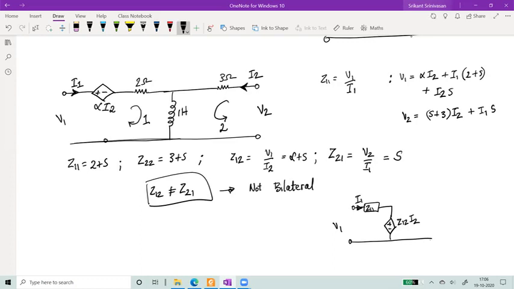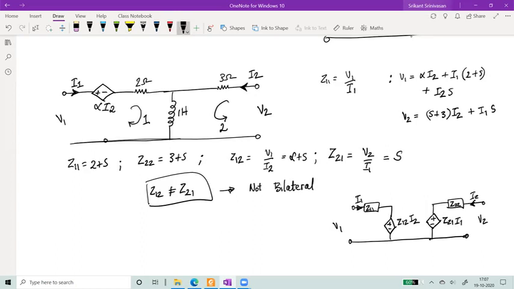So here I'm explicitly writing out the voltages. Similarly, on the other side, I could have Z22 I2, this is V2, and there is Z21 I1.